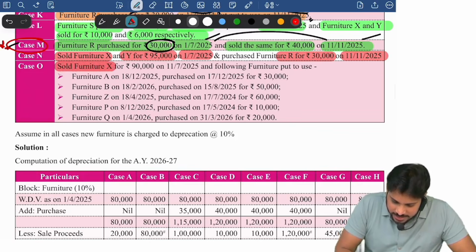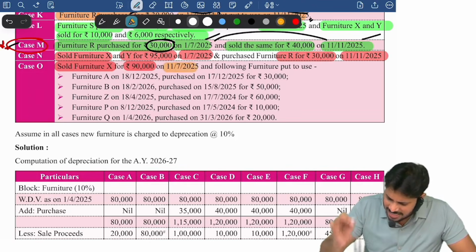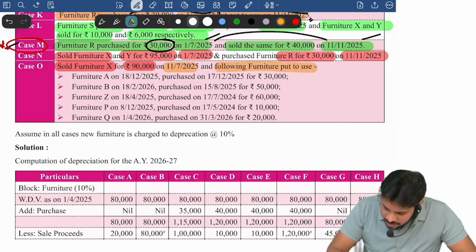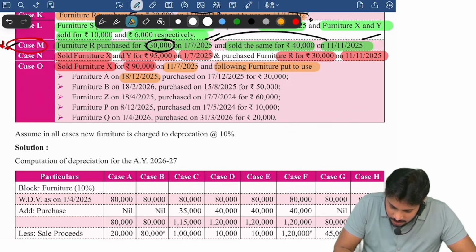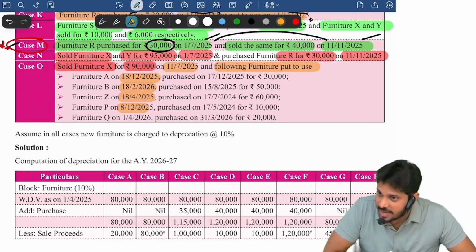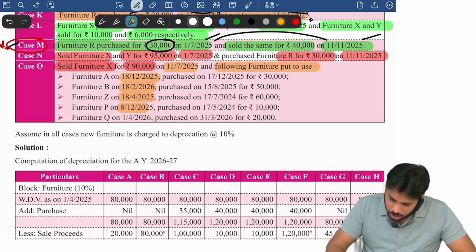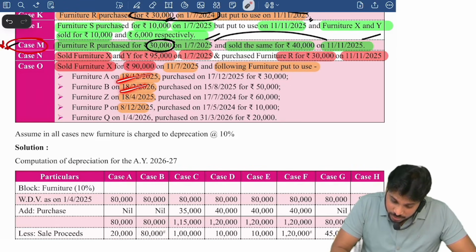One furniture X item was sold for 90, correct now? The sale value doesn't matter. And the following furniture was put to use, means purchases: purchase in the current year, current year, current year, current year. Am I right? Yes or no? Okay, these were usage dates.